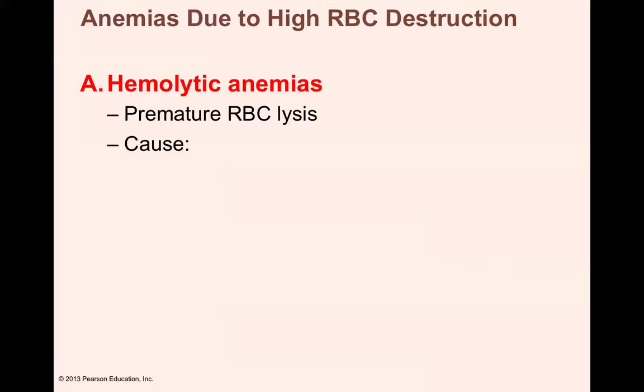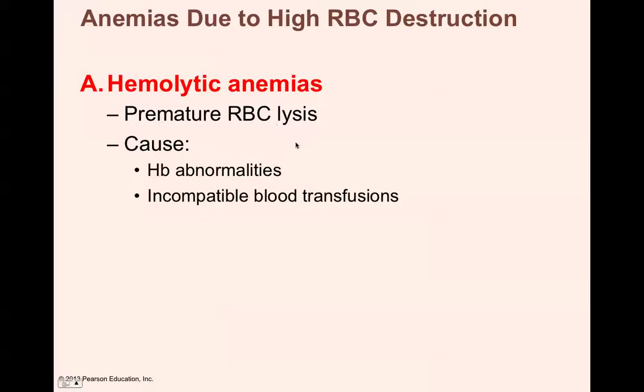Okay, anemias due to high red blood cell destruction. Hemolytic anemias. This is where you get premature red blood cell lysis, meaning they just burst. They just are damaged. They have to figure out why this is happening. One of the causes could be a hemoglobin abnormality.